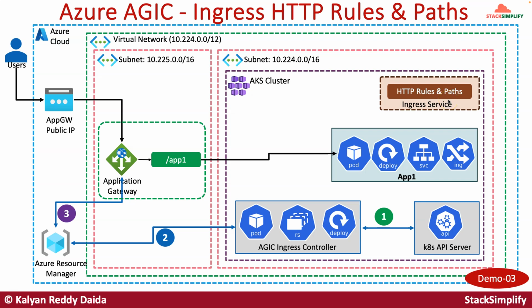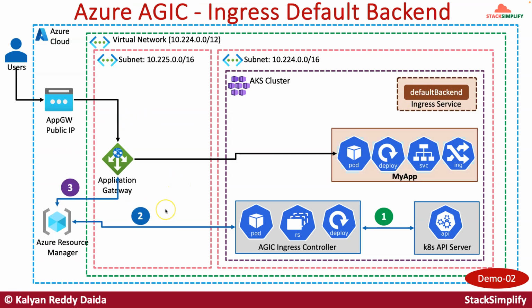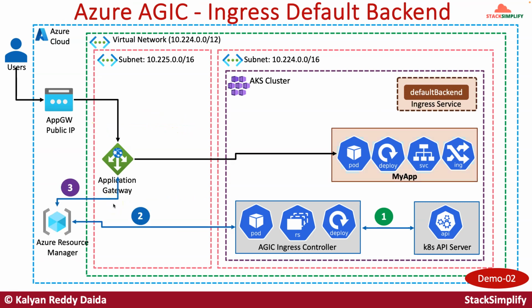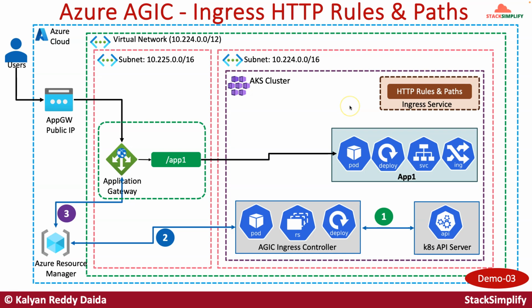If you see the difference between default backend and HTTP rules and paths, you can see path-based routing is enabled on application gateway when we have used HTTP rules and paths. You can see /app1 is added here, but in default backend, you don't see that. All those things we are going to discuss in detail and implement in these two demos.